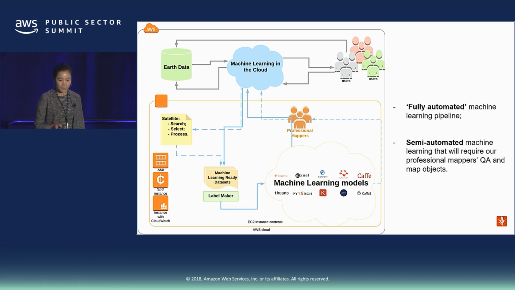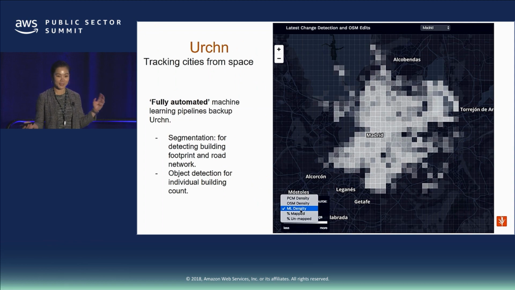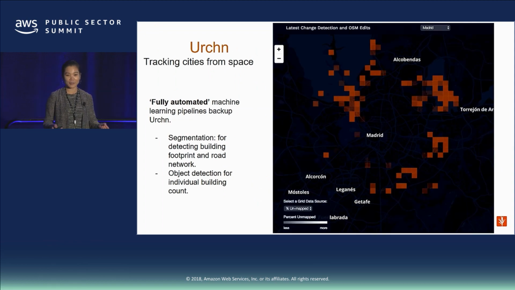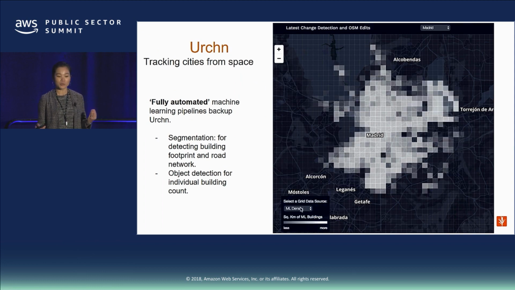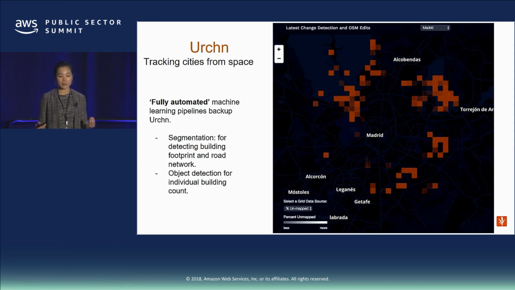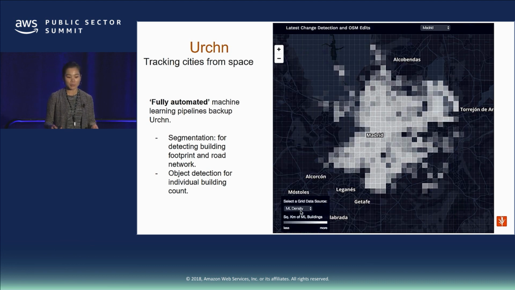For fully automated machine learning, we have a tool we use for tracking urban change from space that we built with Radiant Solutions.